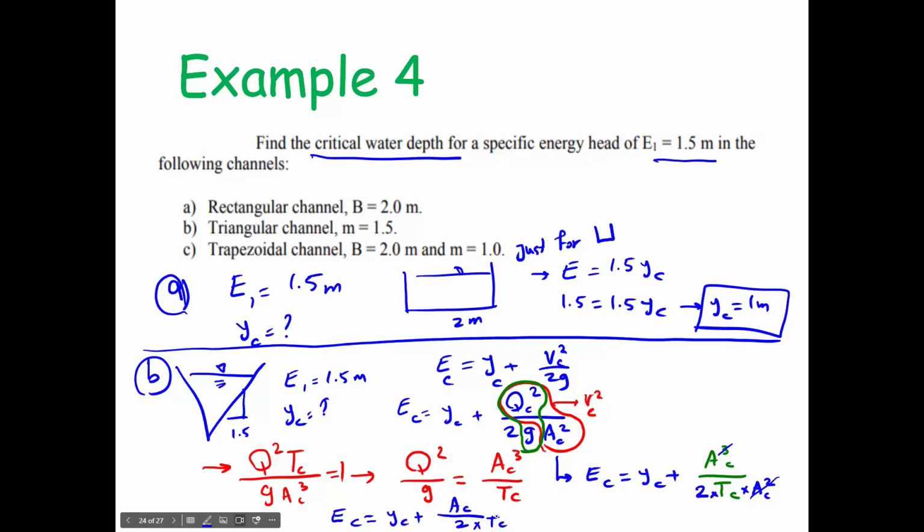Now it's easier because I get rid of Q. So in case that you didn't understand from here, that's nothing. I just try to get rid of discharge by using this equation. Where it came from, it's from critical depths and it asks for critical depths. So I have the permission to do that.